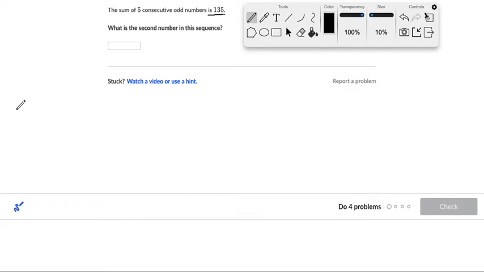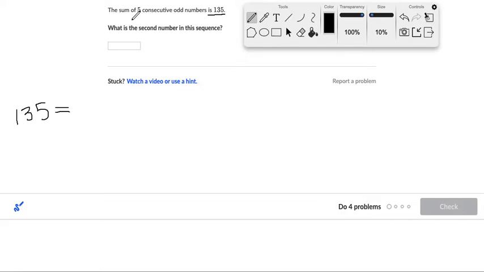So I can go ahead and start by writing 135 equals. Now, the sum of 5 consecutive odd numbers. What I like to do on these problems is just start with the first number.